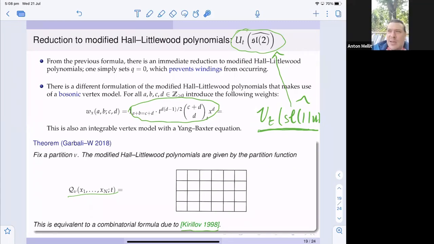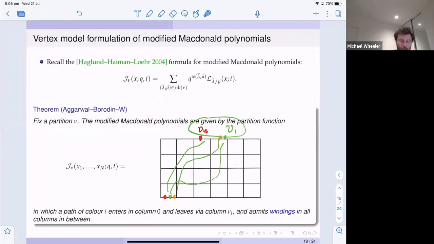But what are these windings? There's some new kind of tiles, right? Oh, so I mentioned windings here. The windings are what you get when you look at the actual modified Macdonald polynomial. If you want to introduce the Q parameter, then effectively you put this model on a cylinder, and then the paths will wind around.